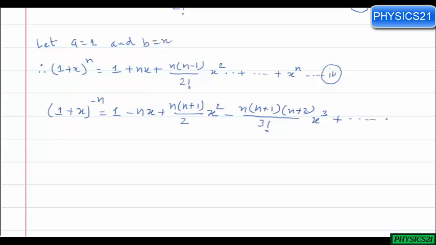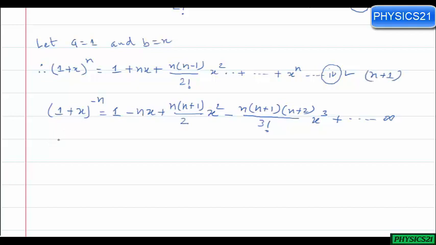In this condition the number of terms will be infinite. In the previous one, the number of terms will be n plus 1.